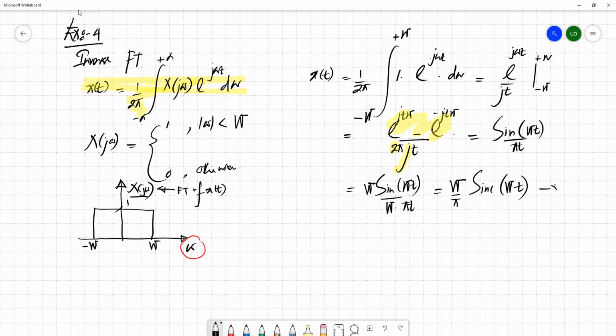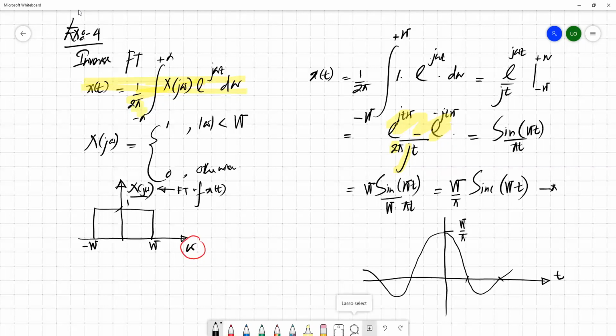So if you draw the spectrum, this is now in the time domain, and it's a sinc function. Here the value is W divided by pi, and you can easily get these two sets of values.